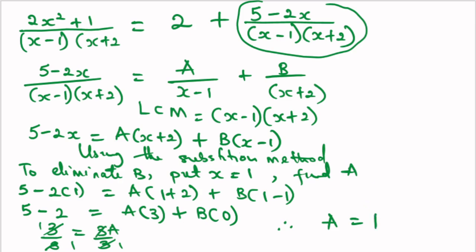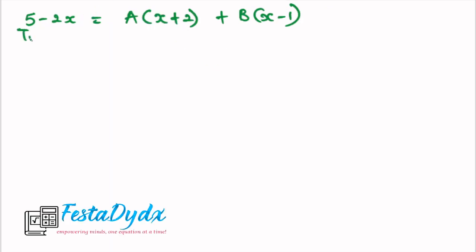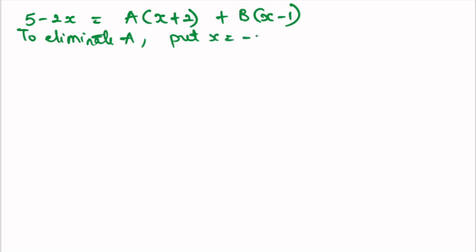After deriving the answer for A, we move forward to derive the answer for B. Now to eliminate A, which is the only way we can get B, we put x to be equal to minus 2.